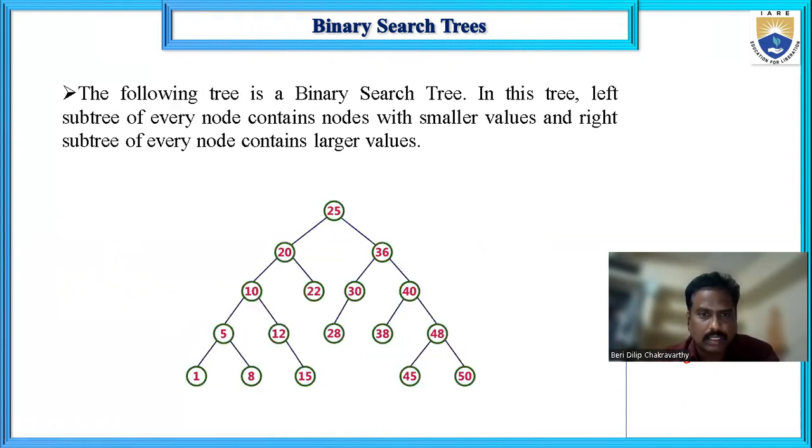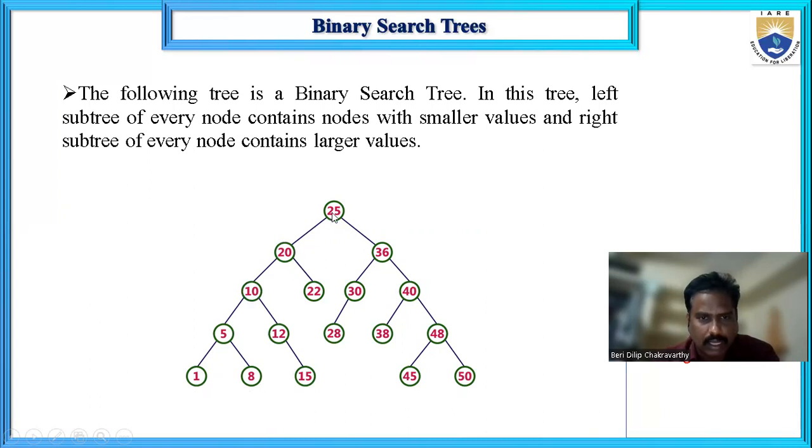Let's see a simple binary search tree example. The following tree is a binary search tree. In this tree, any node in the left subtree is always less than the root node. For this 10, all the elements to the left are less than 10, and all the elements to the right are greater than 10.